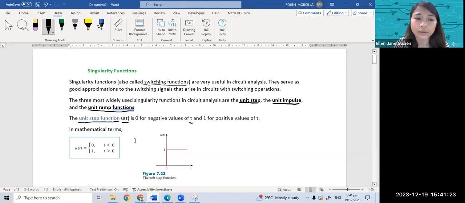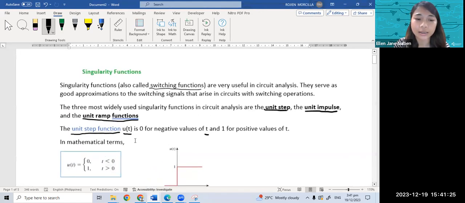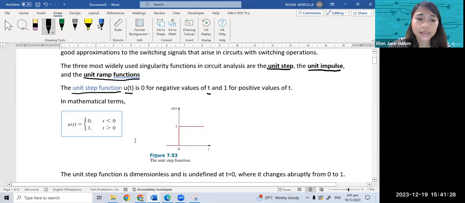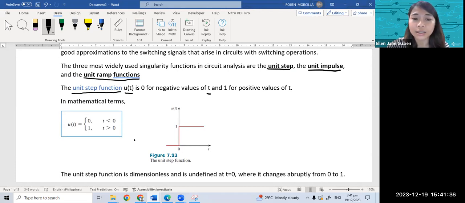So this is how the unit step looks like. It has this value: u of t is equal to 0 for time less than 0 and 1 for time greater than 0. If we plot it in a graph, this is what it looks like. It has 0 value before the time 0, and instantly at time 0, it becomes 1.